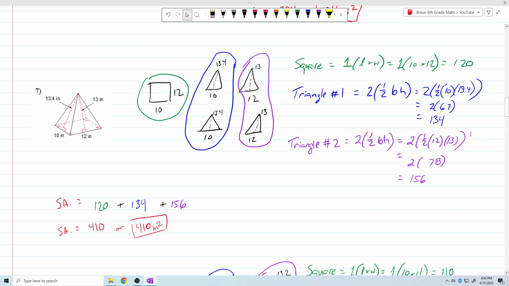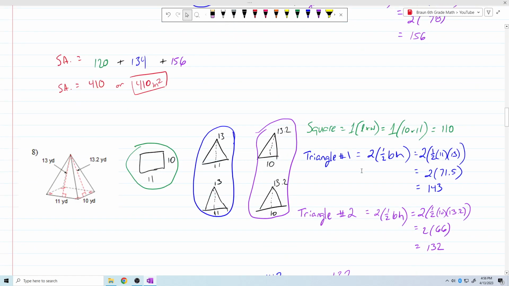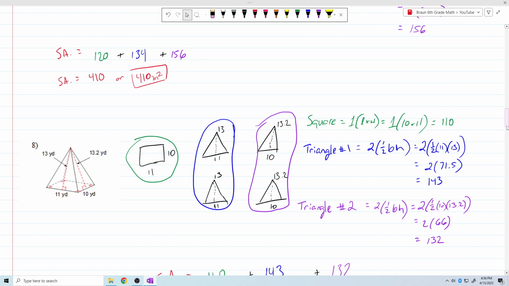That's about as complicated as a pyramid gets surface area wise. Let me back up. That is as complicated as you'll get for the pyramids I'm going to give you. Of course, as you go on in your math journeys, you'll have hexagonal pyramids and octagonal pyramids and all sorts of those, which can get a little more complicated, potentially.